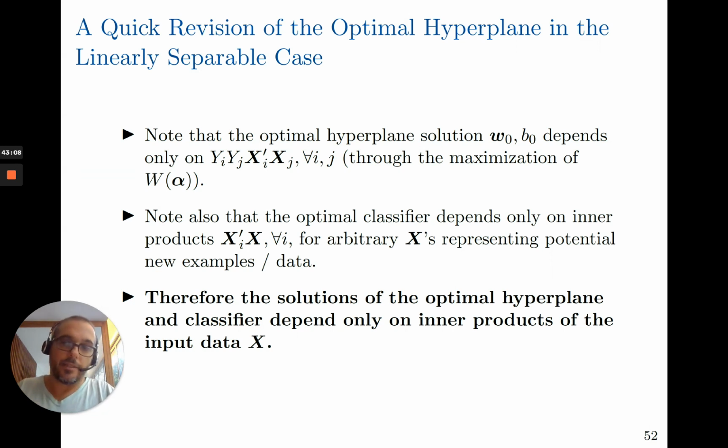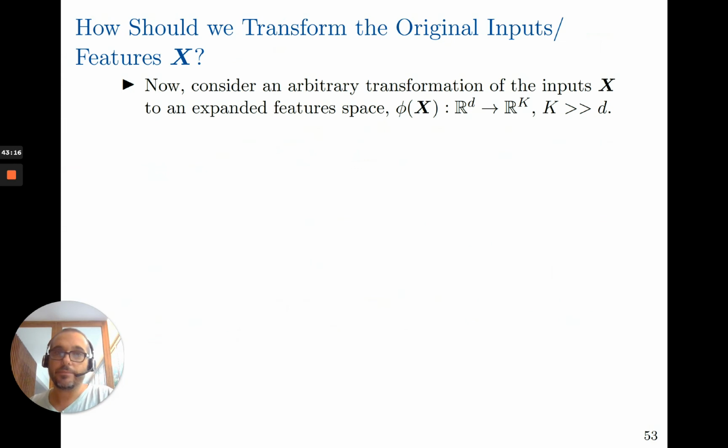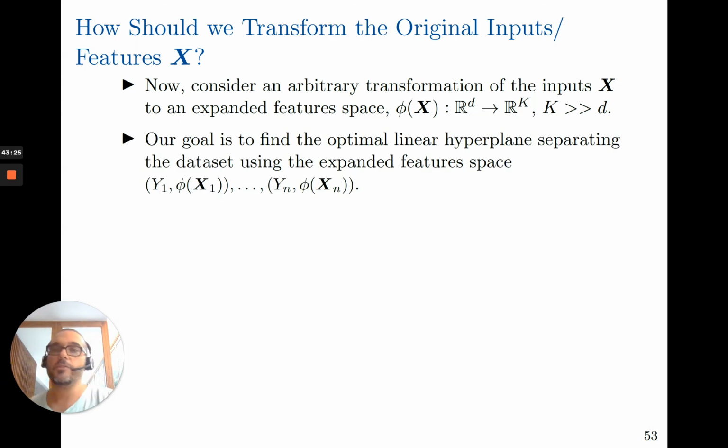Remember the kernel trick that I showed you when we talked about kernel ridge? It's exactly what we are going to do here. Okay, so we have this transformation phi of x that we are moving from a d-dimension space to a k-dimension space. Okay, and now we have data that's y and the phi of x.